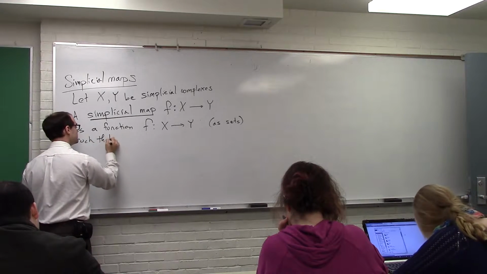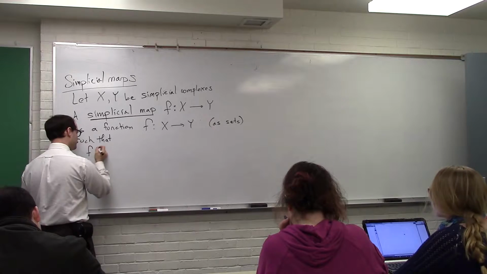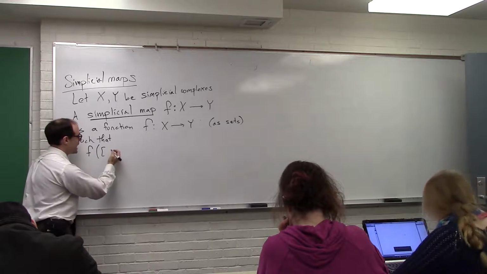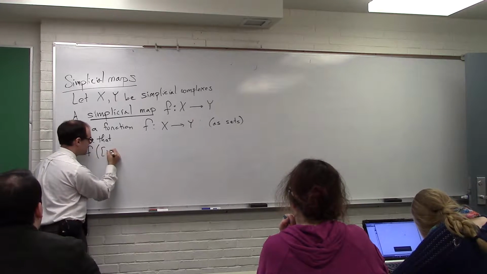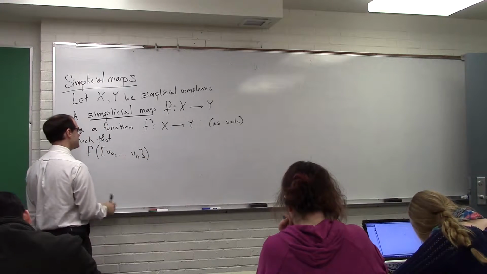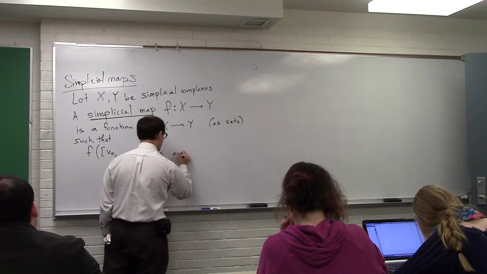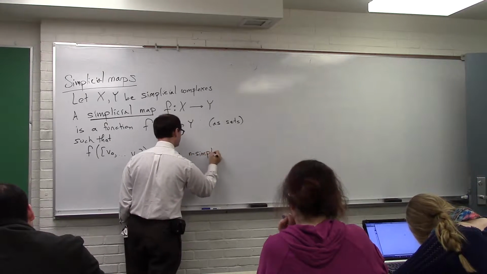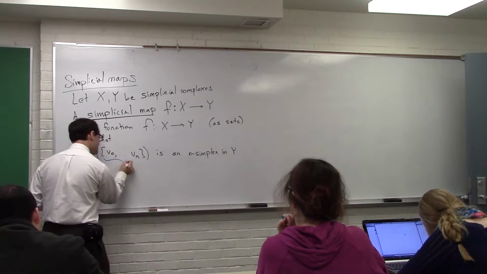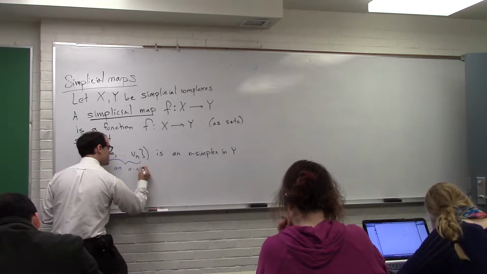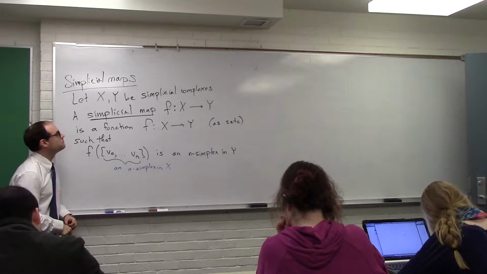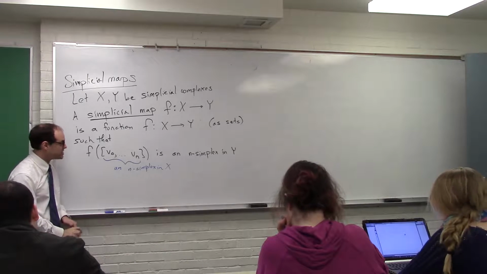Such that f of some simplex, if this is an n simplex in x, then f of it is an n simplex in y. Obvious point to note here is that this is an n simplex in x. So give it as input an n simplex, it gives me back an n simplex.